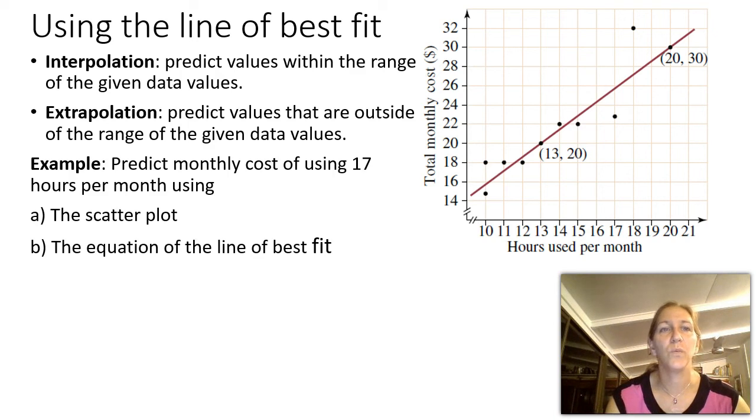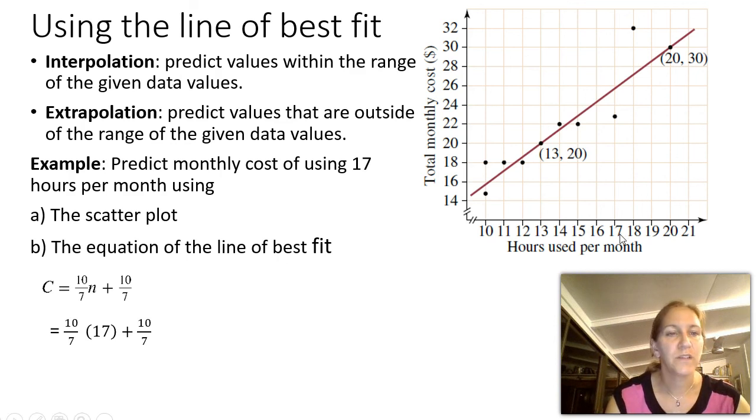We can also predict it by using the equation of the line that we found in the last question, c equals 10 over 7 n plus 10 over 7. We plug that 17 into the n, because n is our x value. So 10 over 7 times 17 plus 10 over 7.